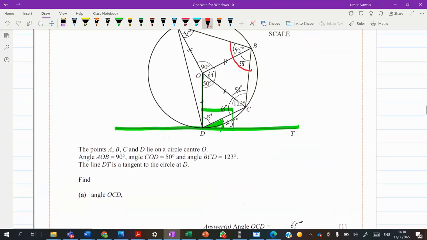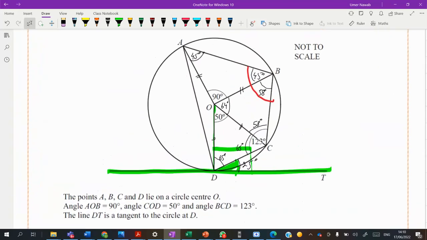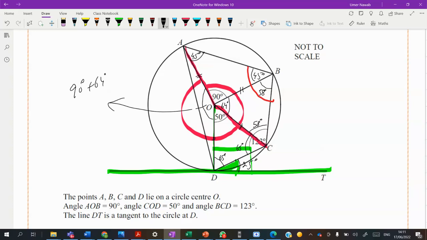Last, the reflex angle, guys, be careful about that. AOC makes an obtuse and a reflex angle. So this is obtuse, and this back angle is called a reflex angle. I want the reflex. First of all, I need to find this angle. I need to subtract the sum of three angles from 360.